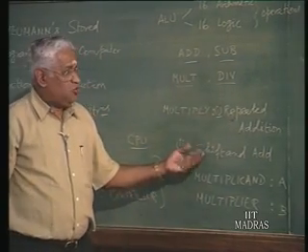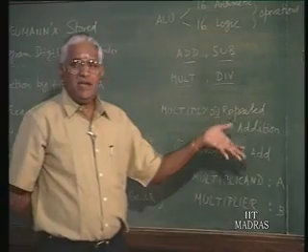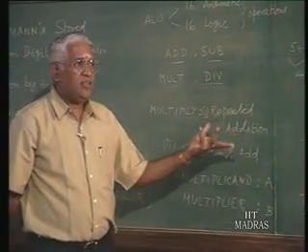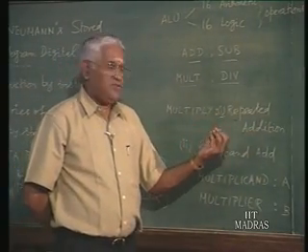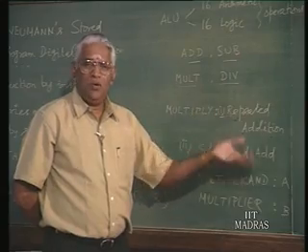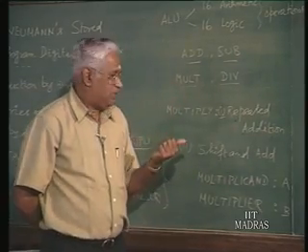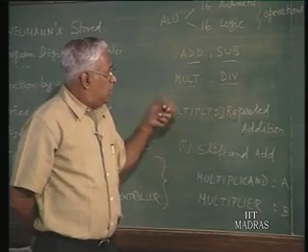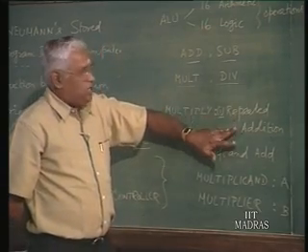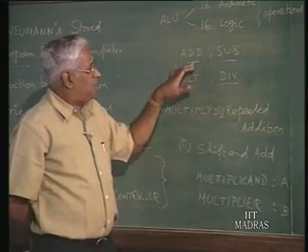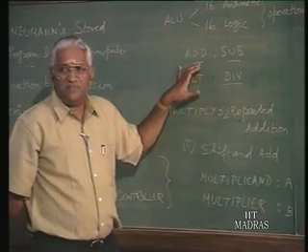Now this multiplication algorithm can be based on the repeated addition method or based on shift and add. What is an algorithm? An algorithm essentially tells, step by step, how a particular operation must be carried out. When you say it is repeated addition, then it is enough if we have an adder.